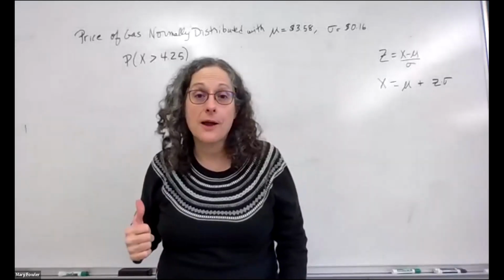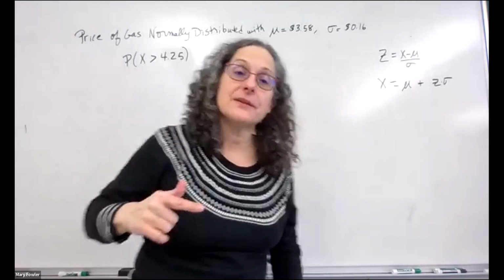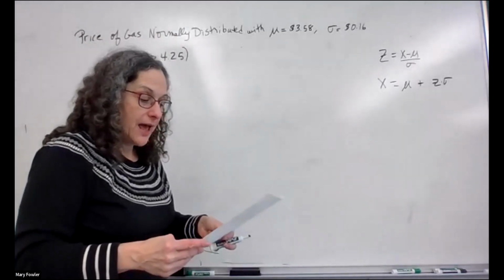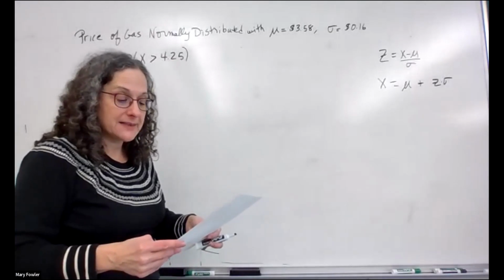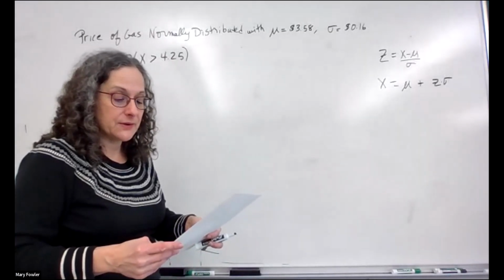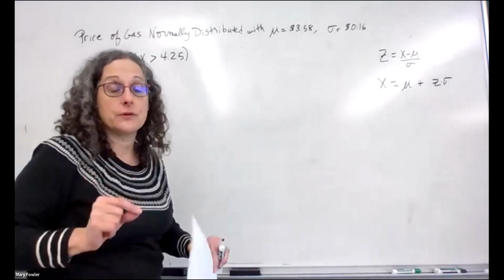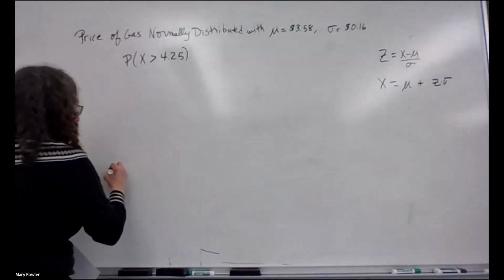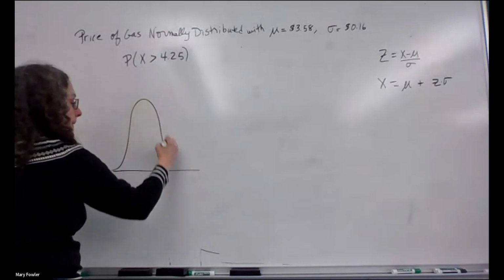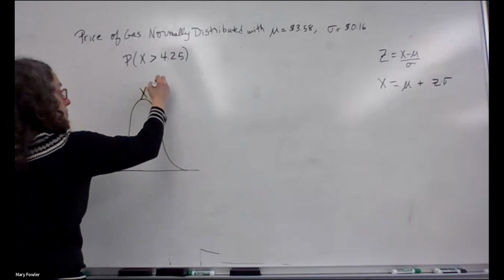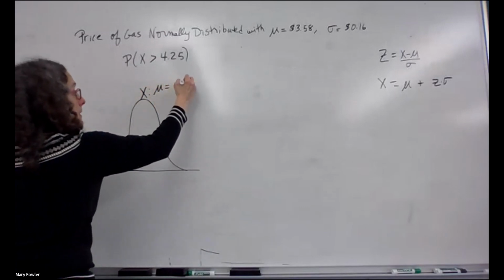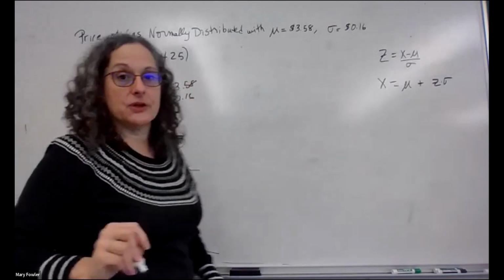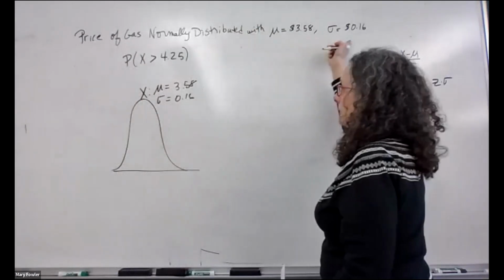So the next part of the problem is to find the probability that a randomly chosen gas station has the price for a gallon of gas of more than $4.25. Okay, let's draw a picture of the problem. Again, two bell curves, X on the left, mean and standard deviation given in the problem statement.